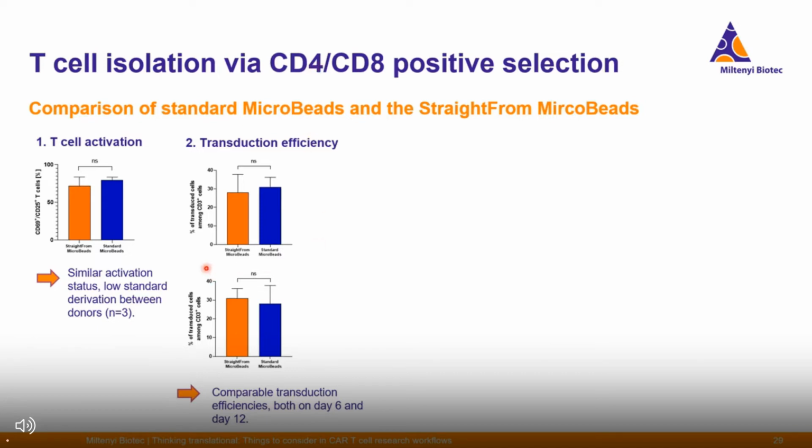So if you go for standard straight from microbeads or the standard microbeads, we observed comparable transduction efficiencies on day 6 as well as on day 12. There were no significant differences.